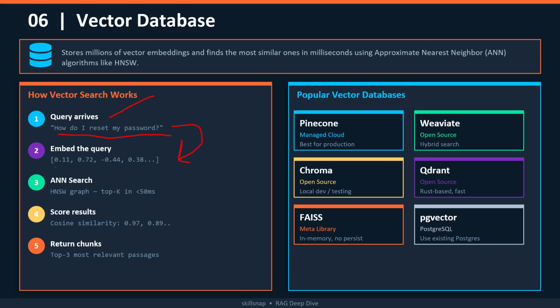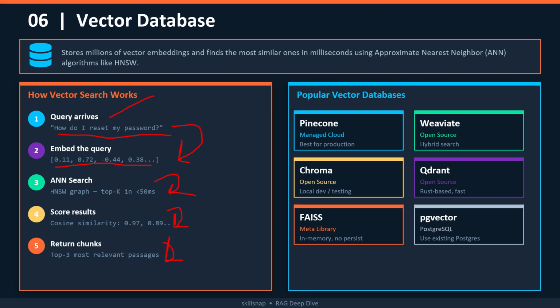Now I am embedding the query as a list of values, and now I am going to perform a search where I will retrieve the top k or the top n results, and with those results I am going to calculate the cosine similarity with respect to my query, and then again retrieve the top 3 relevant resources.